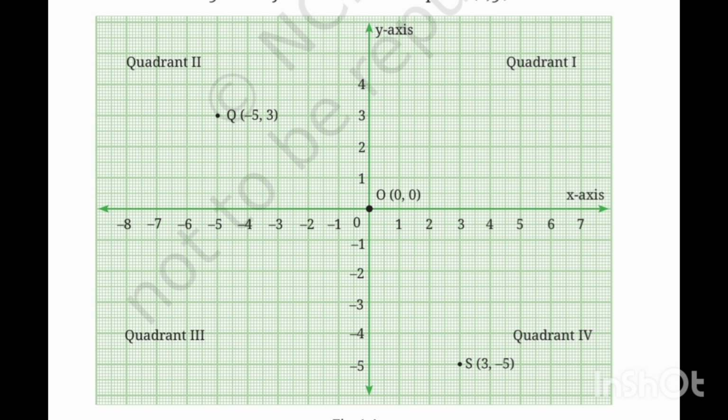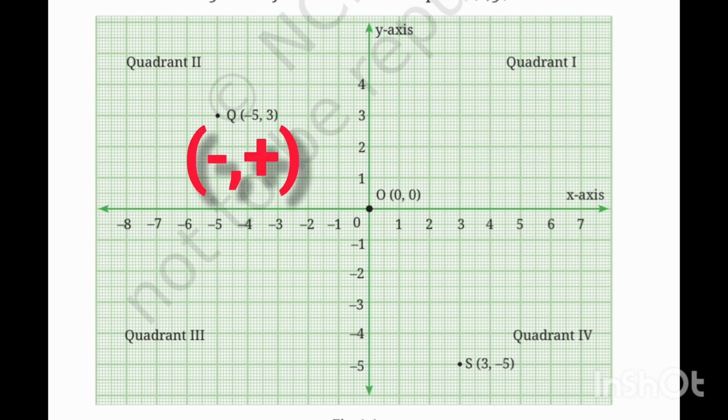On the x-axis there are positive numbers and on the y-axis there are positive numbers. So quadrant 1 is always positive, that means plus plus.